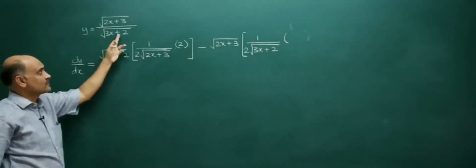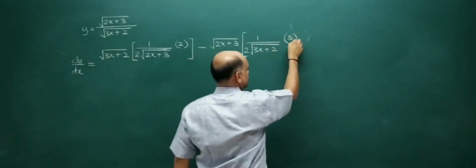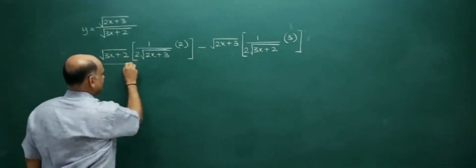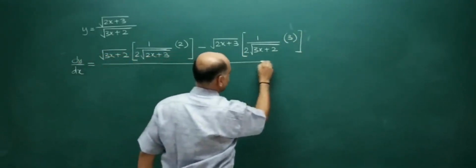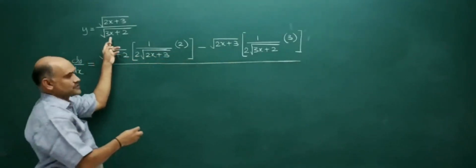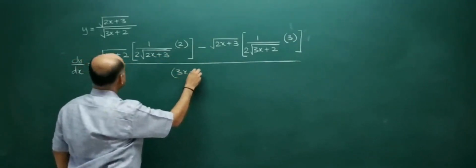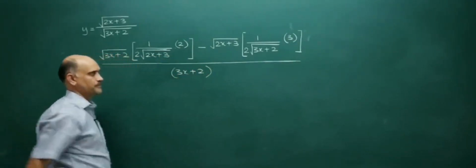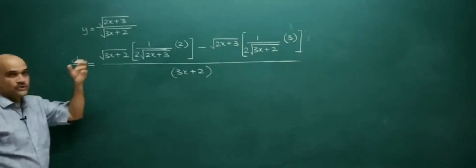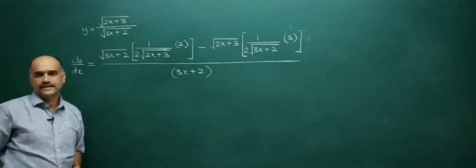So differentiation of 3x plus 2 will be 3. Bracket complete. So whole divided by denominator square. So square of this will be, root gets cancelled. You will have 3x plus 2. So root of 3x plus 2 bracket square means root gets cancelled.